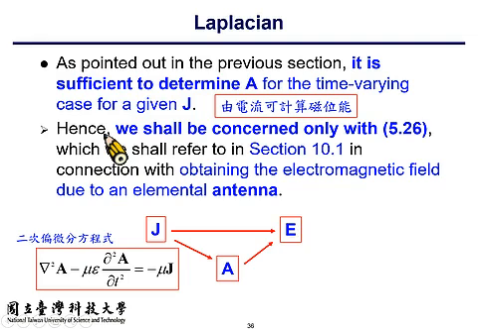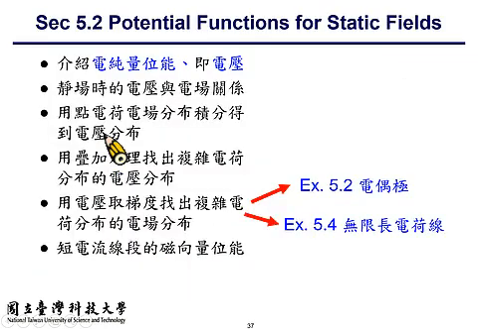Now, okay, so let's move on to section 5.2, which is potential function for steady field. So we will introduce the electrical scalar potential, which in other words is voltage. So we will examine the relationship between voltage and the electrical field intensity under the condition of steady field.